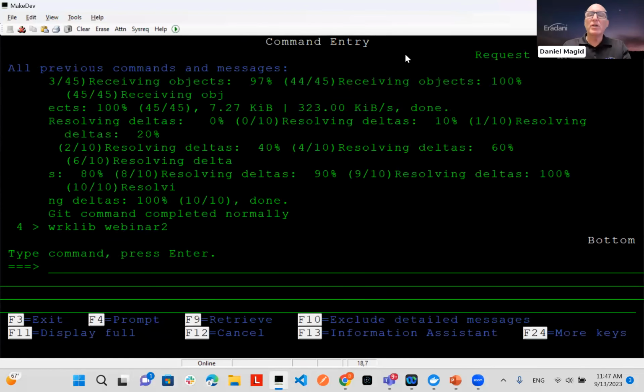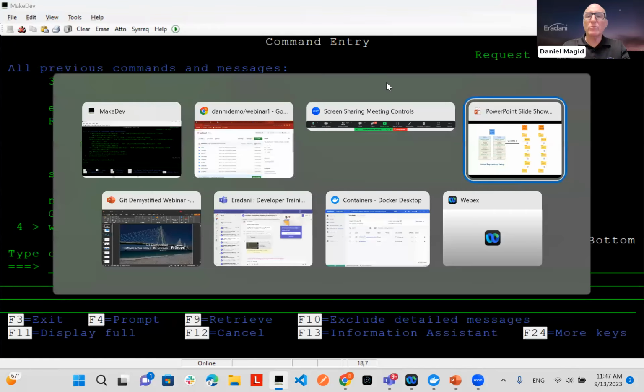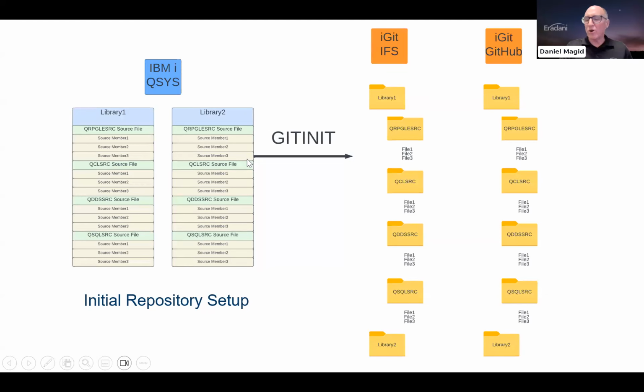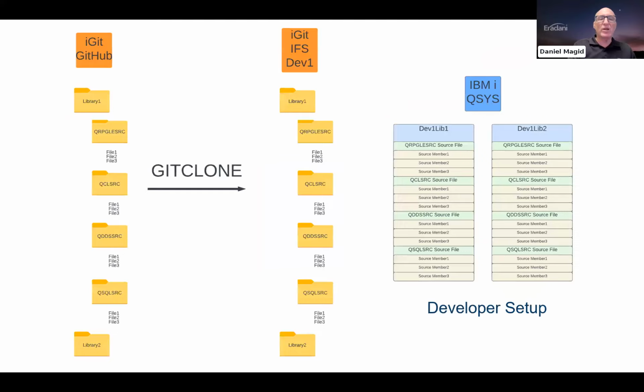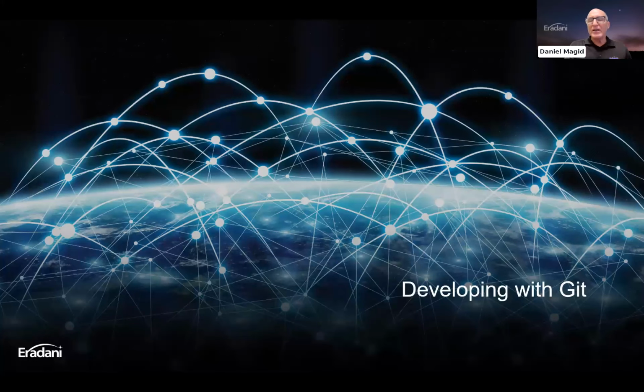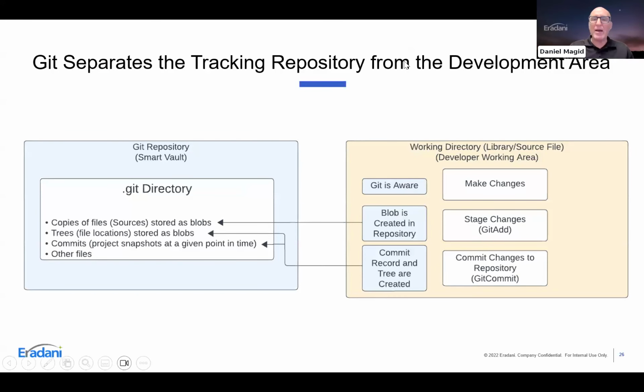Okay, so now let me go back over here real quick and we'll get into the day-to-day working with it. So we did the Git clone. Now, developing with Git. Remember, here is the process. You make your changes, you stage your changes by doing a Git Add, saying, hey, I've made some changes, I'm ready with those changes, but I'm not really ready to commit because I'm not at a known state yet.